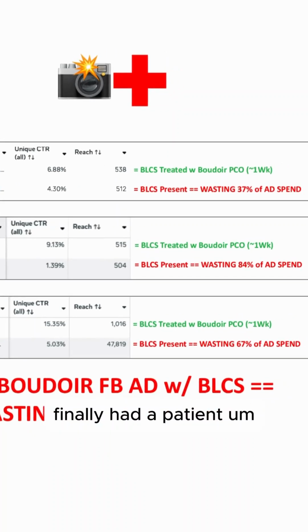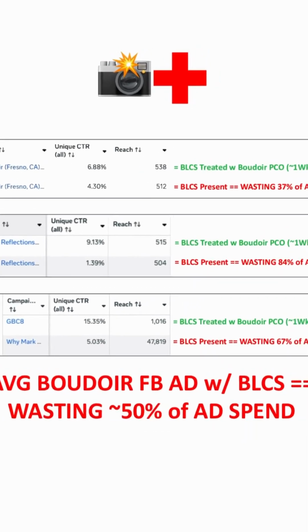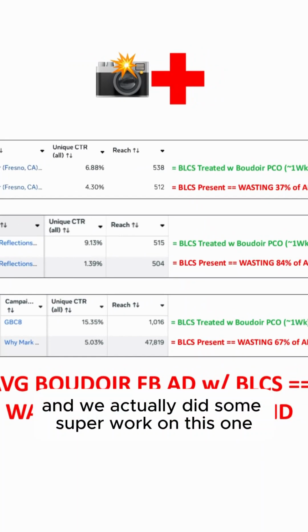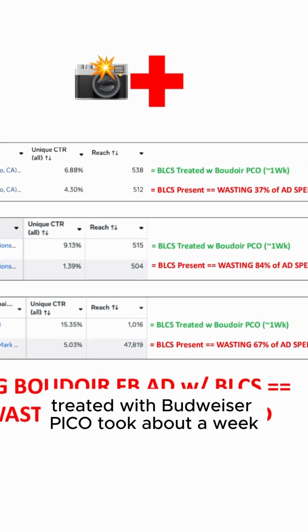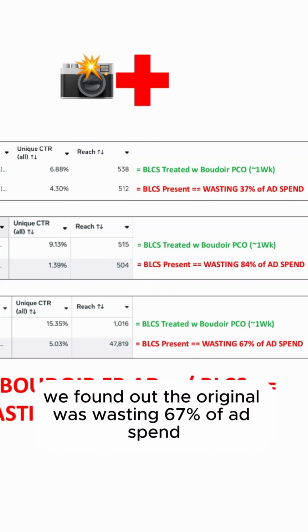Finally had a patient. His unique CTR of his ad was 5.03%, and I actually did some super work on this one. Treated it with Boudoir Pico, took about a week, got the unique CTR up to 15.35%. So found out the original was wasting 67% of ad spend.